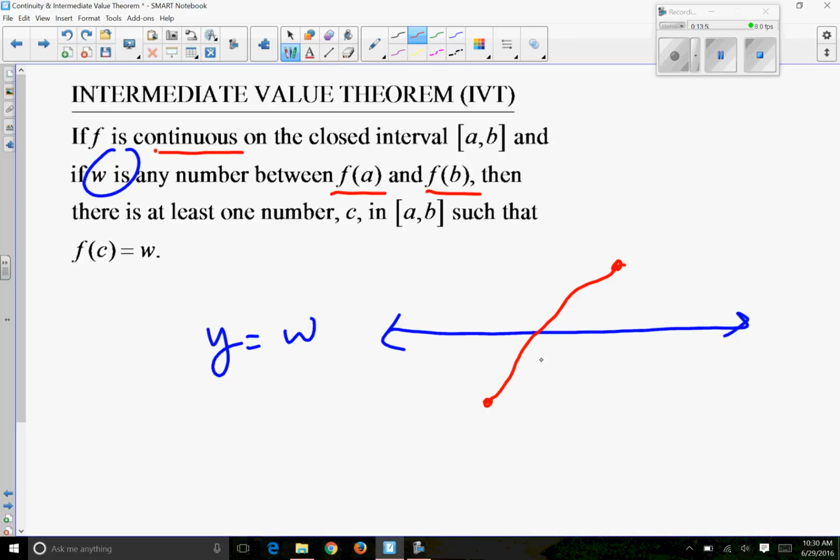w is some number between f of a and f of b. This is the point whose x-coordinate is a, whose y-coordinate would be f of a. This is a coordinate whose x-coordinate is b. The y-coordinate would be f of b. If w is some number between f of a and f of b, then there has to be some place where the function is equal to w.